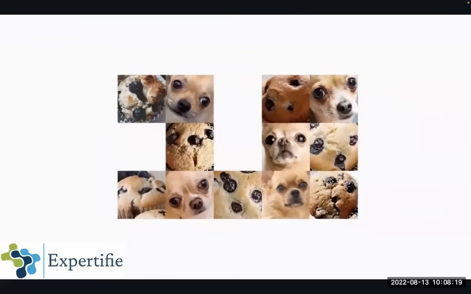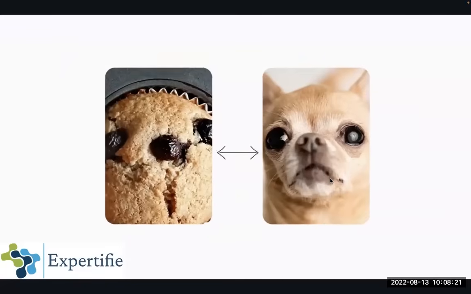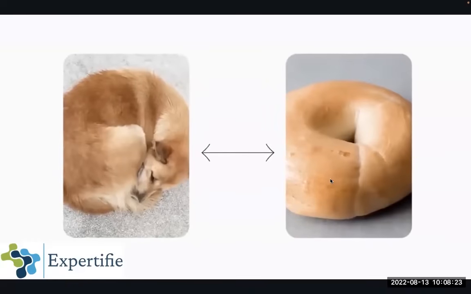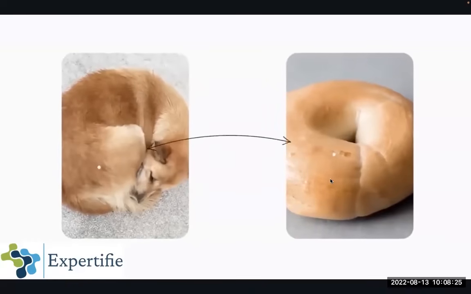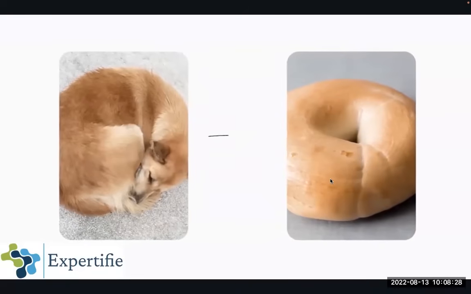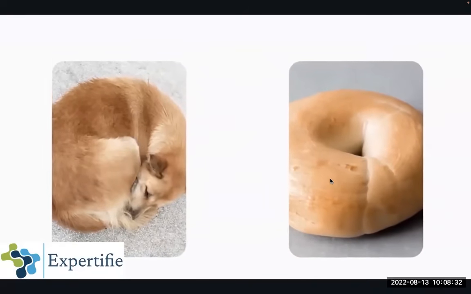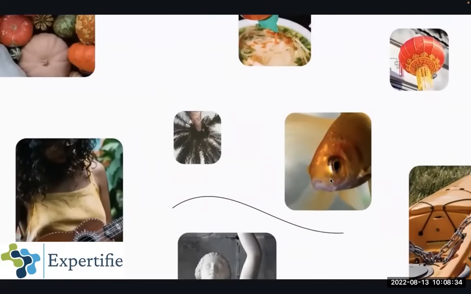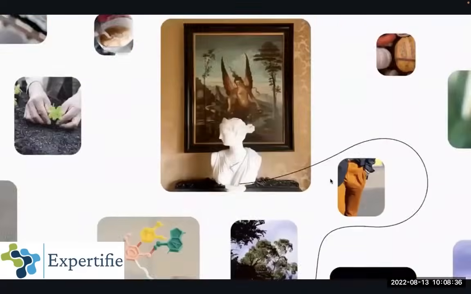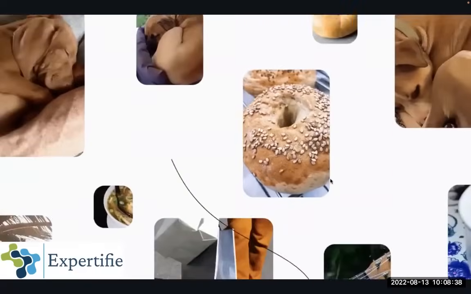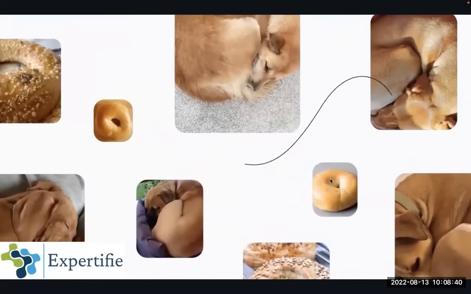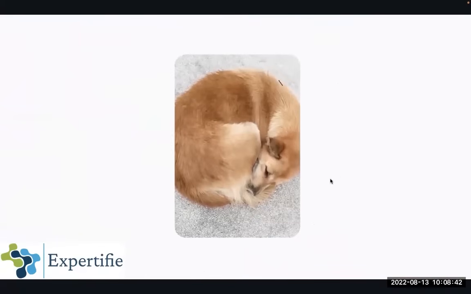And sometimes a muffin can look like a chihuahua, and a puppy can look like a bagel. Have you ever done one of those spot the difference puzzles? That's what Lens is doing. But it's actually more like spot the similarities. And instead of comparing 2 pictures, Lens compares 1 to about 15 billion to determine that this object is most like these other objects, which it turns out is a dog, not a bagel.